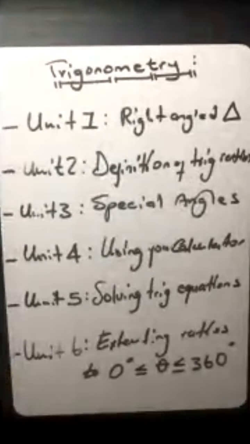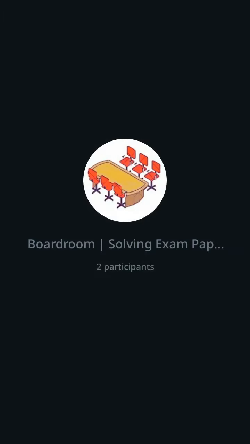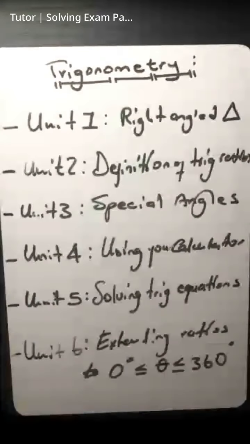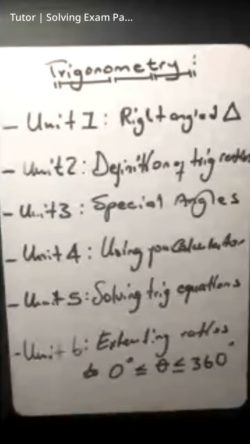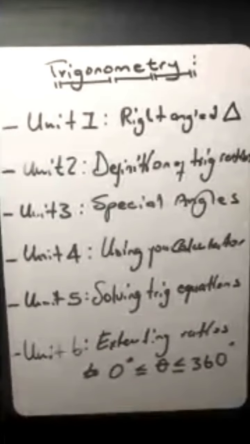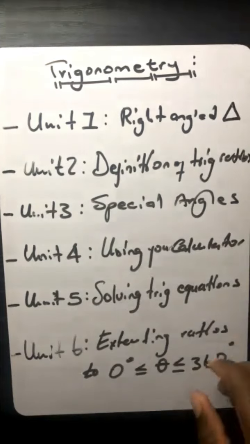But for today's lesson, I wanted us to be on the same page on something. So let's now discuss this part. Let me see. So the last part is extending ratios, and this part is what takes us to exactly what you're talking about now.